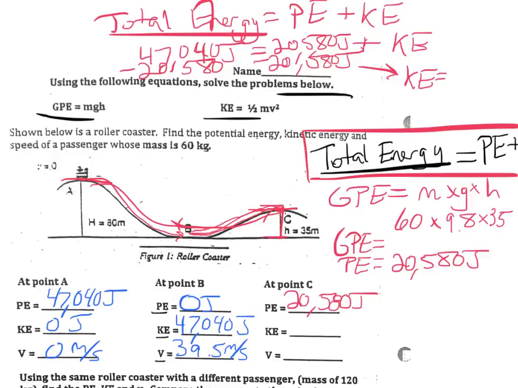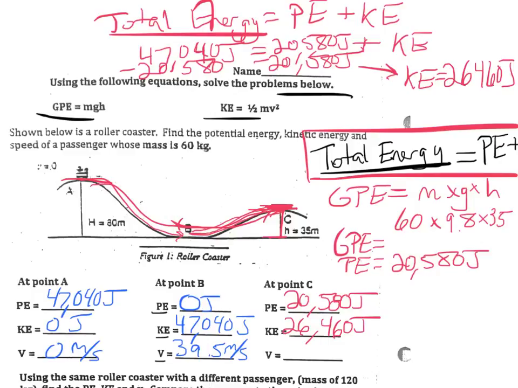Okay, now that you're back, we know the kinetic energy. After we subtract the potential energy out, whatever's left is all kinetic energy at this point. And we have 26,460 joules of kinetic energy in the roller coaster left over at point C. I'm going to now put that into my box here, 26,460 joules.